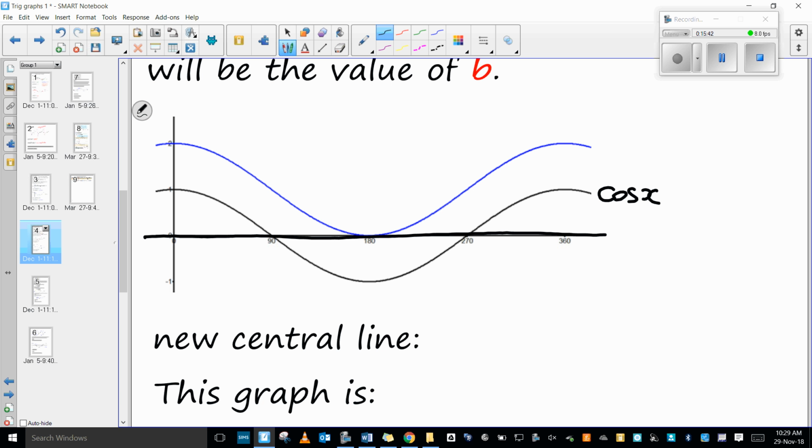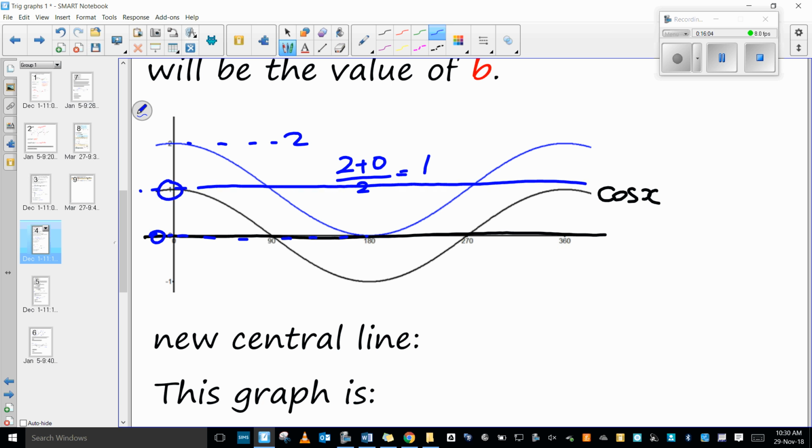To find this value, you would say, my maximum value here is 2, and my minimum value is 0. So you would say 2 plus 0 and divide by 2. That gives me a value of 1, which means that my new central line is here at the value 1. Which means that the graph must have shifted up by 1 unit.